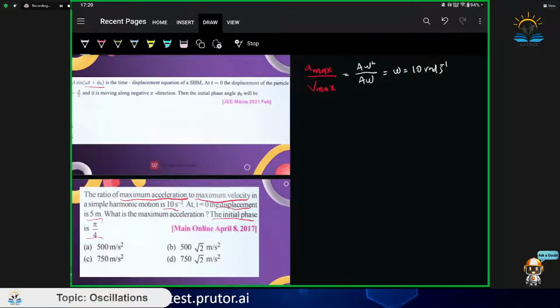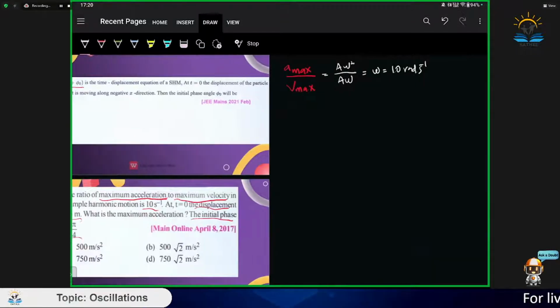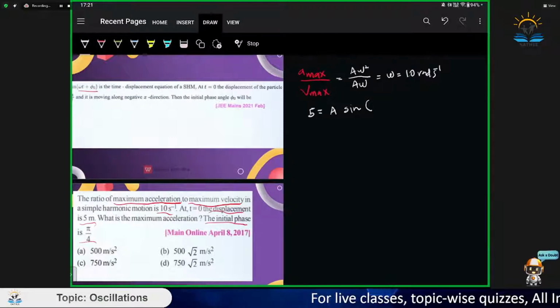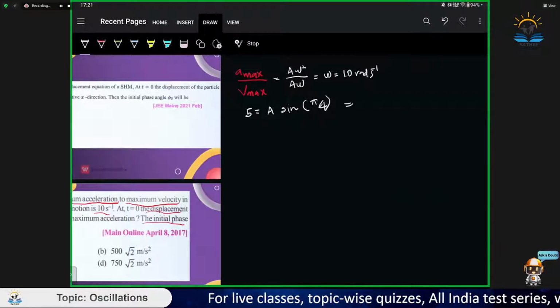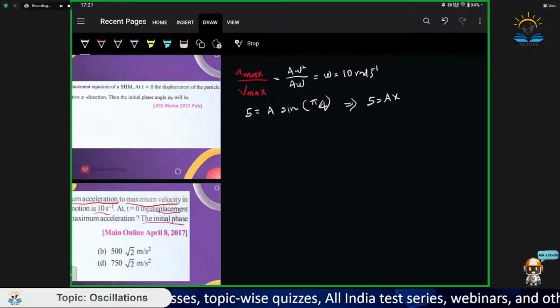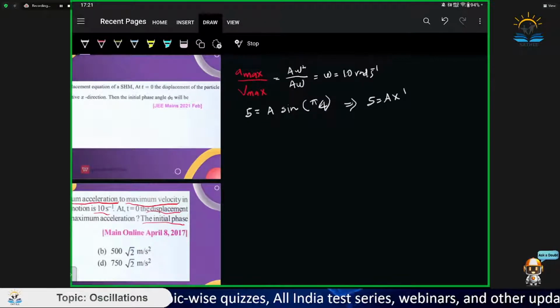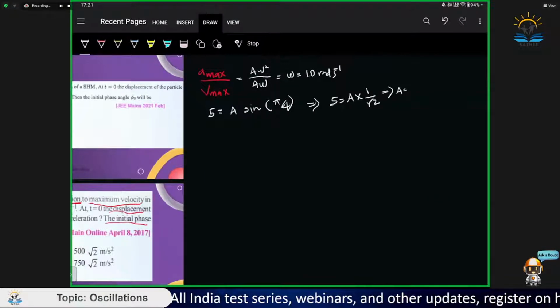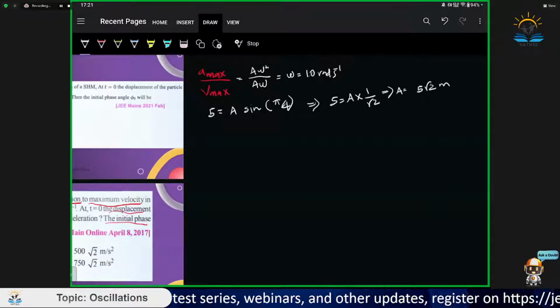Next, at time t equal to 0, displacement is 5 meter. That means displacement 5 equal to A sin(omega t plus phi), so omega t will be 0 and the initial phase is pi by 4. So 5 equal to A into sin pi by 4. So 1 by root 2, A equal to 5 root 2 meter.